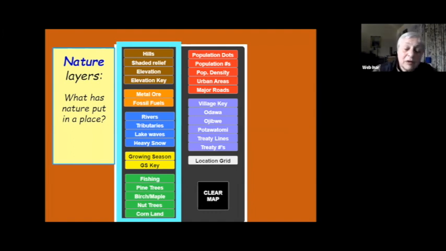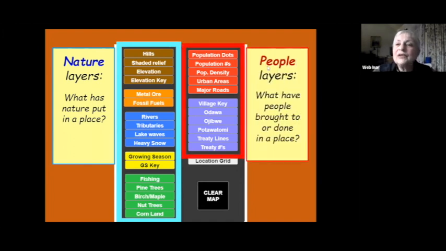We can talk about indigenous people using nature back in the 1600s and 1700s, but we will also look at people layers. We will look at how people have built in Michigan, present day and in the past.